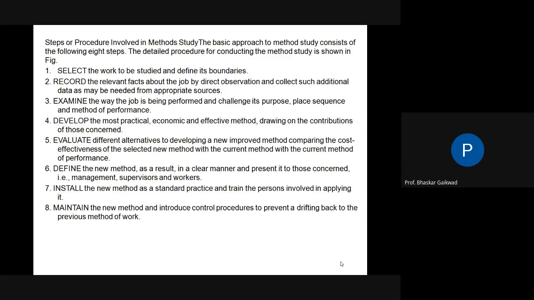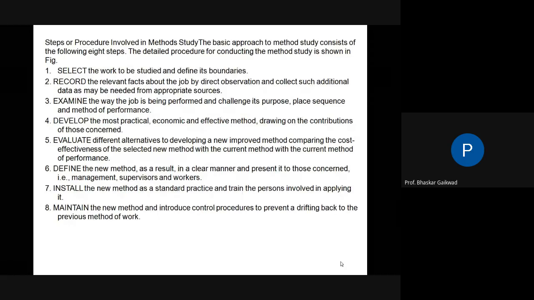Okay, so once again I will repeat what the procedure for method study is. First of all, select the particular job where you want to apply method study. Record the present thing, examine the present thing, develop a new thing. Whatever you have developed, you have to evaluate. Define the purpose to each and every person who exists in the industry.